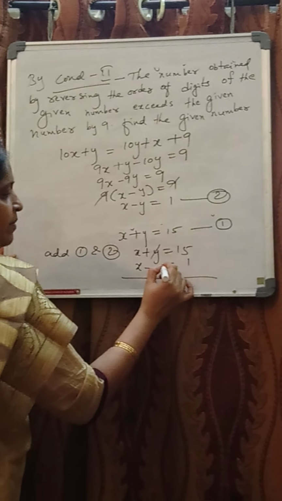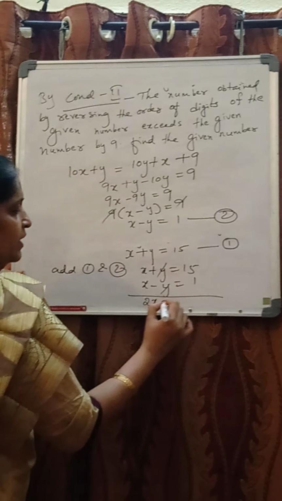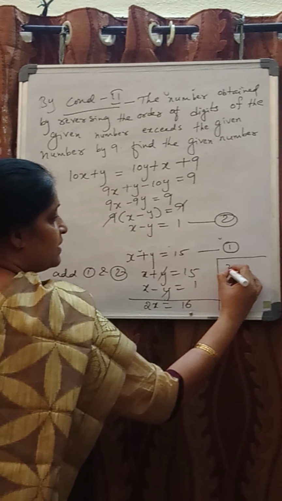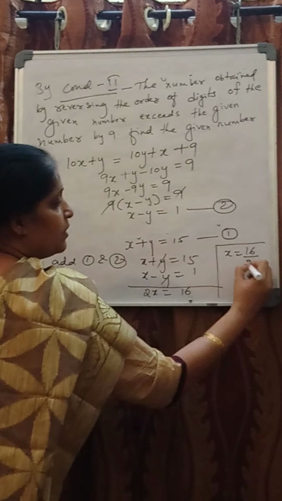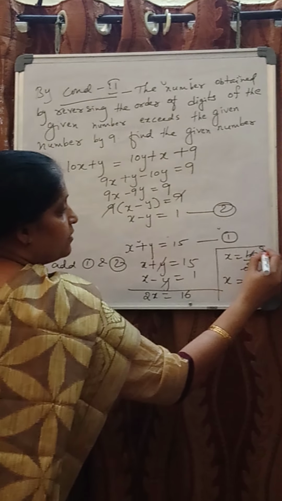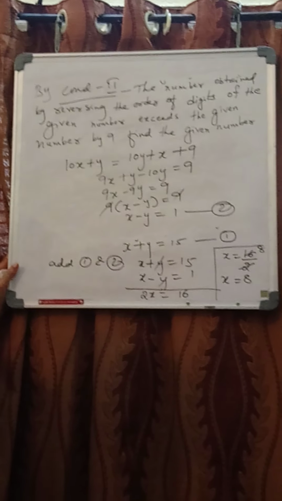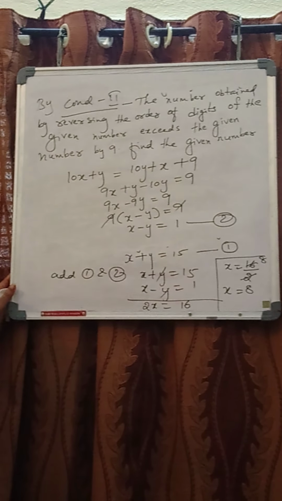So plus y minus y cancels. 2x equal to 15 plus 1, that is 16. x is equal to 16 by 2. x is equal to 8. Yes, children, you got x as 8.